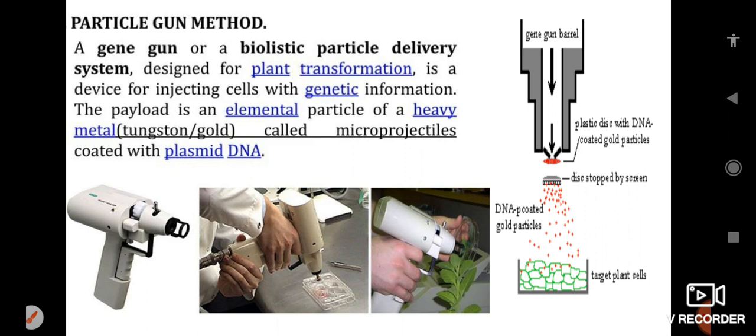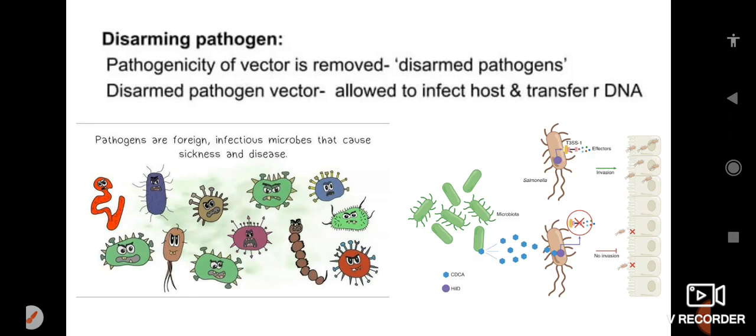So I have a gene gun with a plastic disc with DNA coated gold particles. The disc is topped by a screen, and when it is pushed in, these DNA coated particles will spread to the target plant cells. So this is the particle gun method.